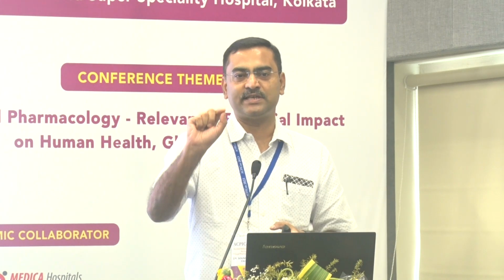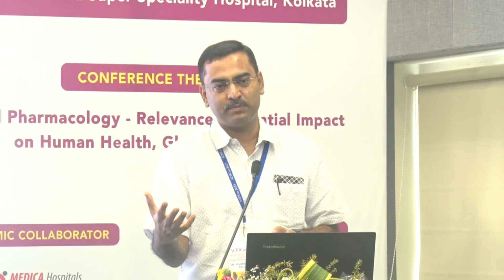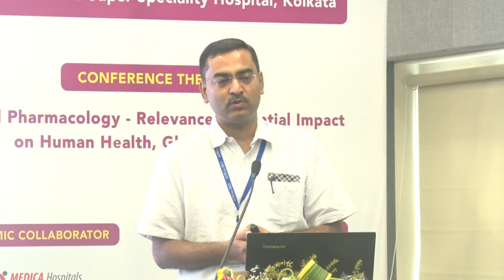Two individuals might have the same HbA1c level of say 7.5 or 8 or 7.1, but the one with higher glycemic variability, more fluctuations, will have a worse outcome, with increased micro and macrovascular complications and possibly an increased risk of death as well.